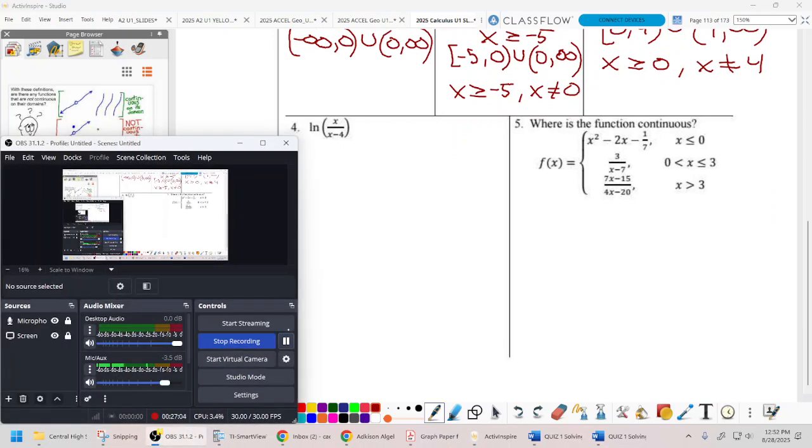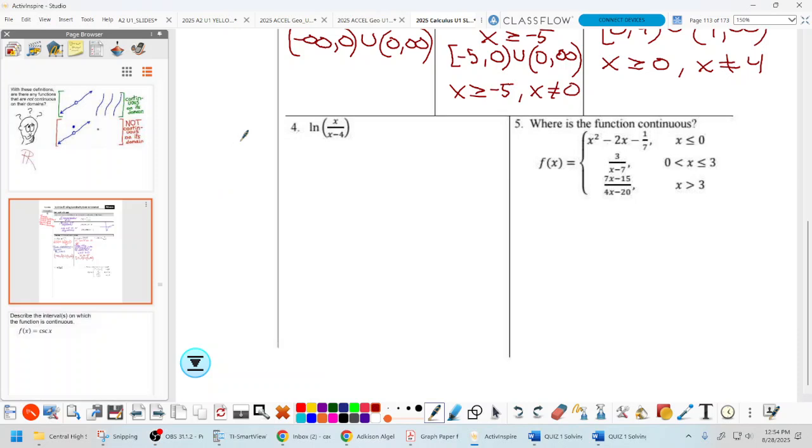Thank you. We do know that 4 can't be included, because right away 4 would make the denominator 0 inside of a log. So we know 4 can't work. But that's the denominator condition we have to check. Now we also have to check the log condition, and what is true about it? It can't be negative or 0. Well, what would make the denominator 0?